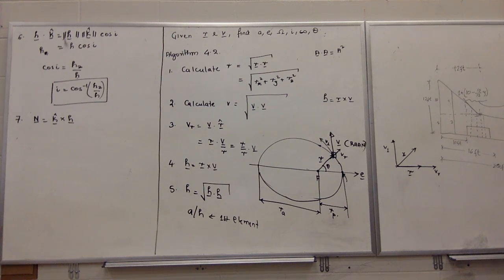Yes, you're right. It is on both planes. It is the intersection of two planes. I told you that, right? Does it make sense? So of the two perpendiculars, K defines the equatorial plane, H defines the orbital plane.